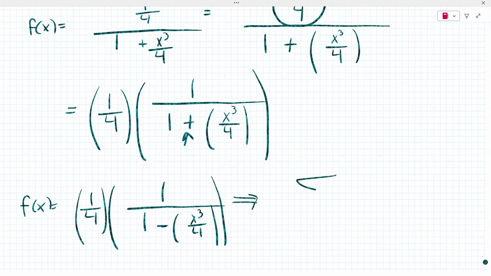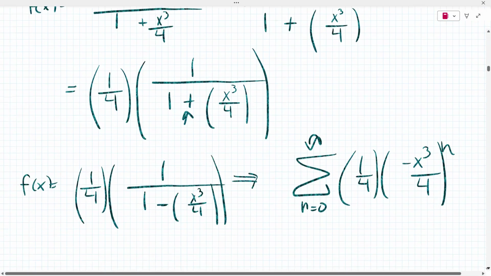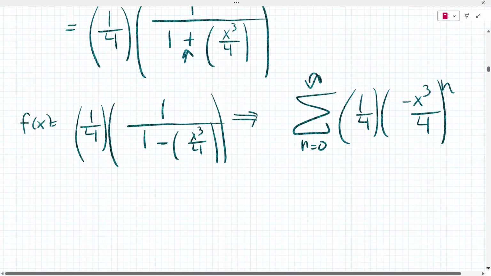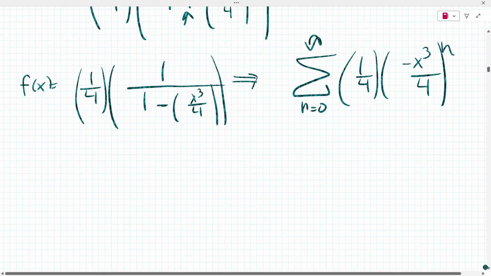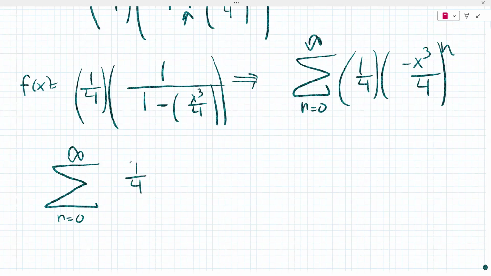We get the summation of negative x cubed over 4 raised to the n. And then since we're raising everything to the n, your final answer could be 1/4 times the summation of negative 1 to the n times x cubed raised to the n over 4 to the n.